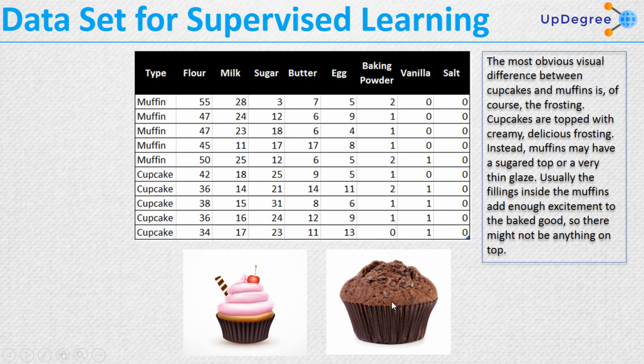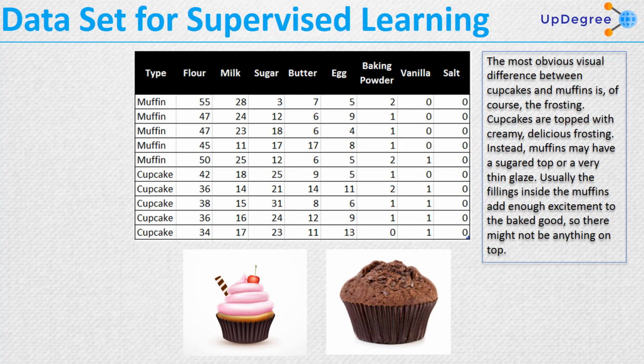So here you can see that this is our cupcake and this is our muffin. Muffins and cupcakes have very similar, very close recipes. The most obvious visual difference between them is of course the frosting. Cupcakes are topped with creamy, delicious frosting.